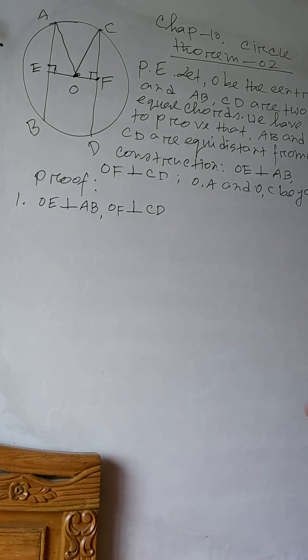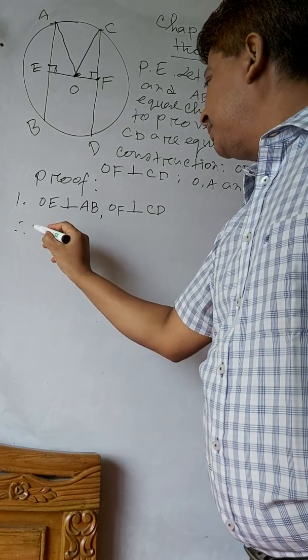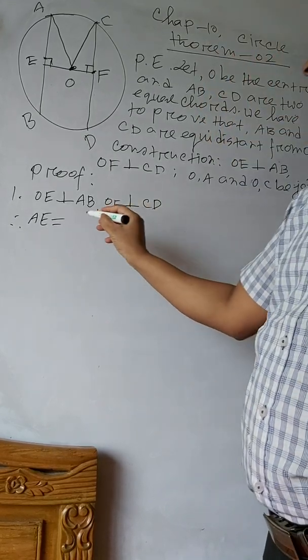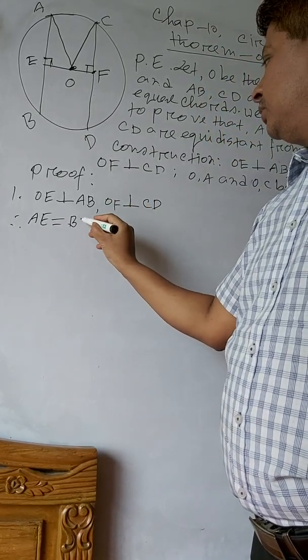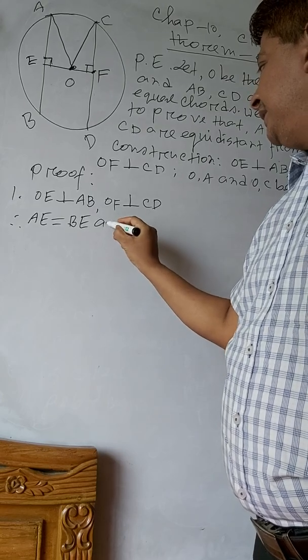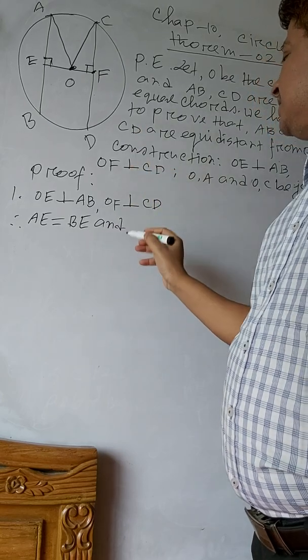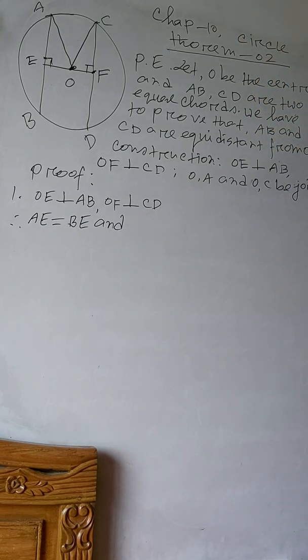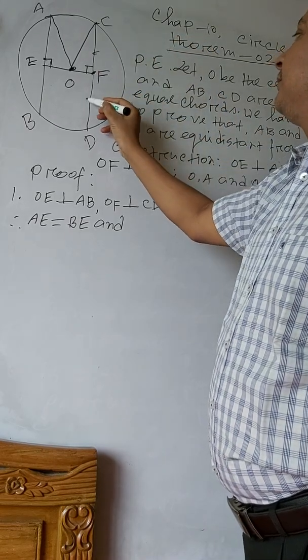Therefore, easily we can say, from the help of the previous class activity, that AE equals BE, and CF equals DF.